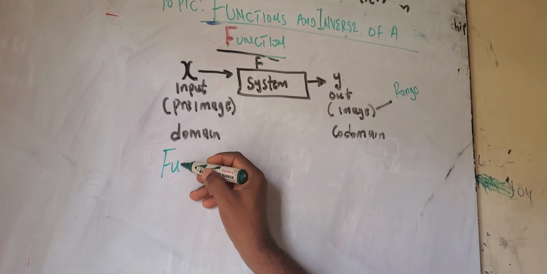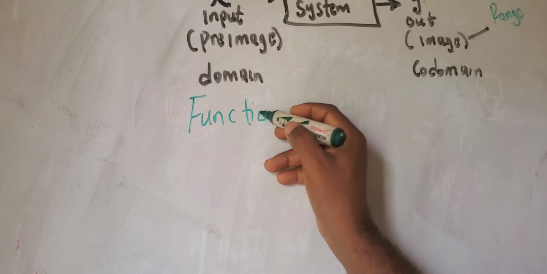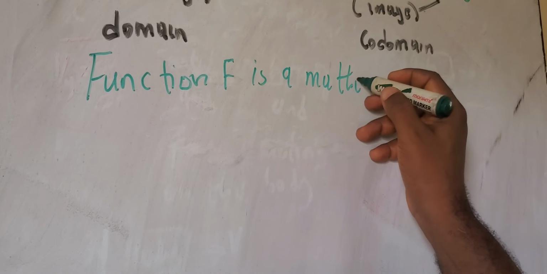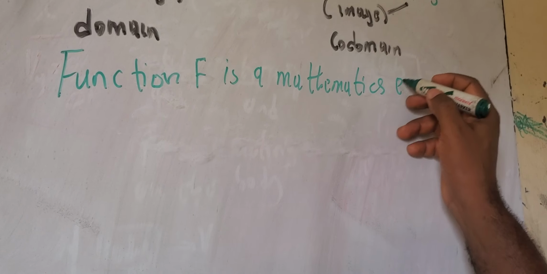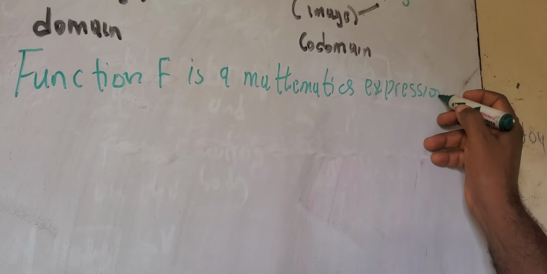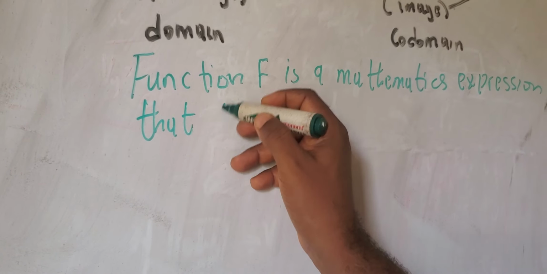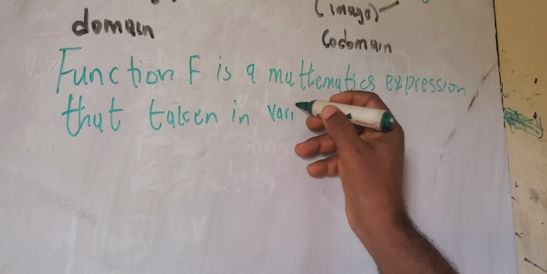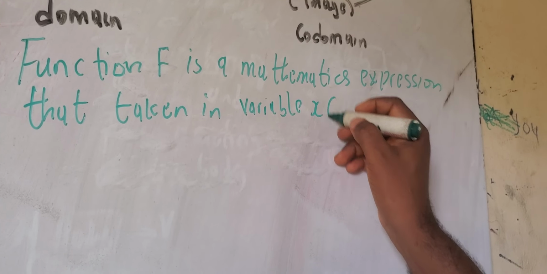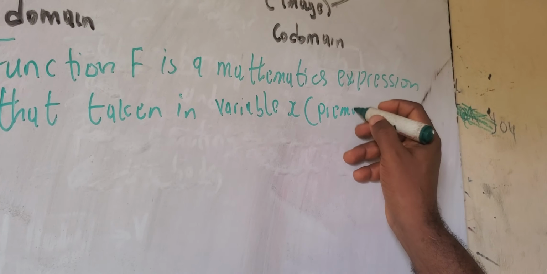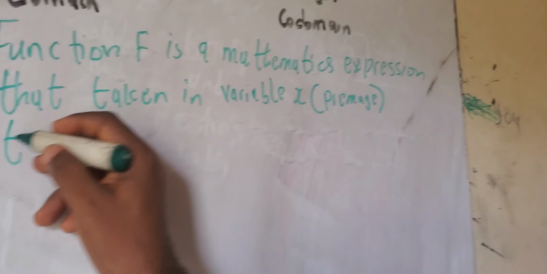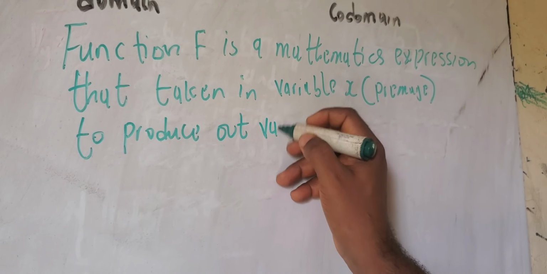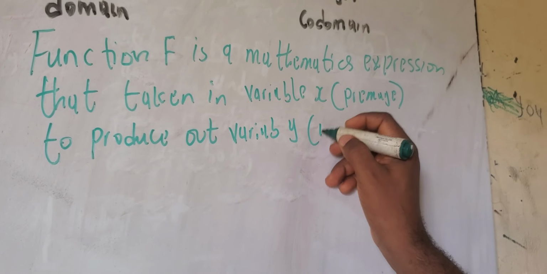So function f is a mathematical expression that takes in variable x called pre-image to produce output variable y called image.